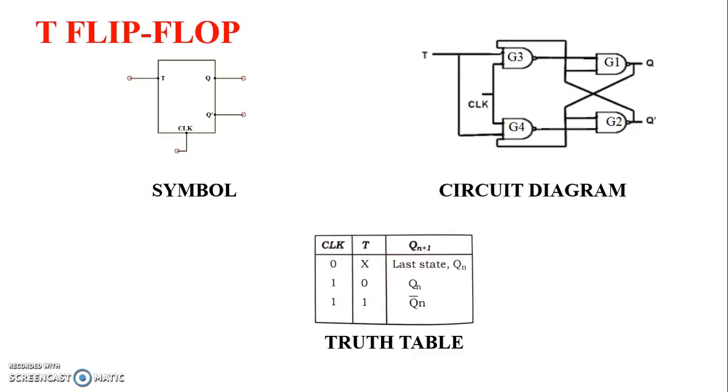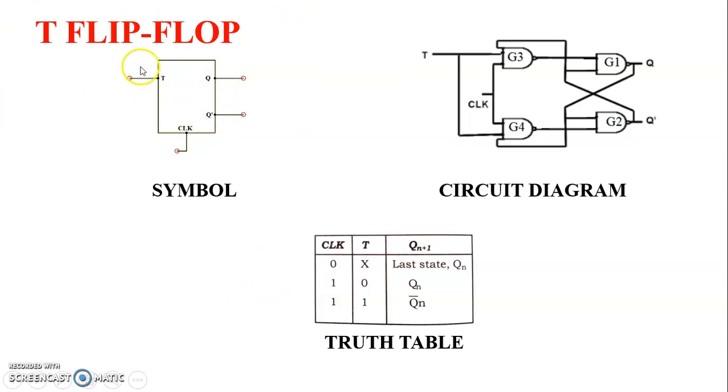So next is the T flip-flop. The T flip-flop is a modified version of the JK flip-flop. In a JK flip-flop, we have two inputs, J and K. By connecting J and K together as 1, we get a T flip-flop.